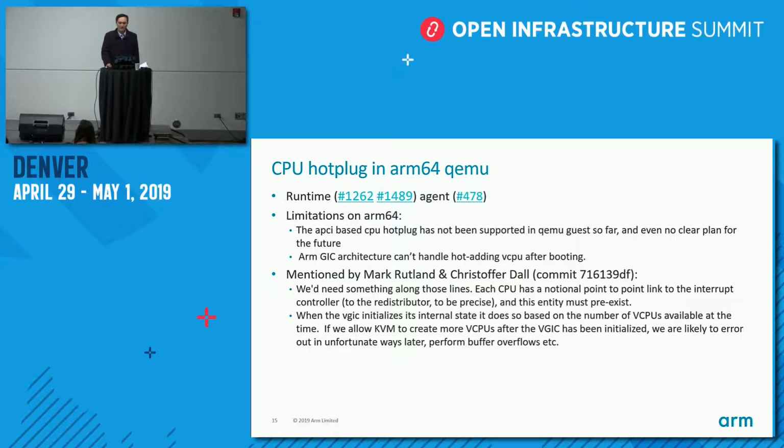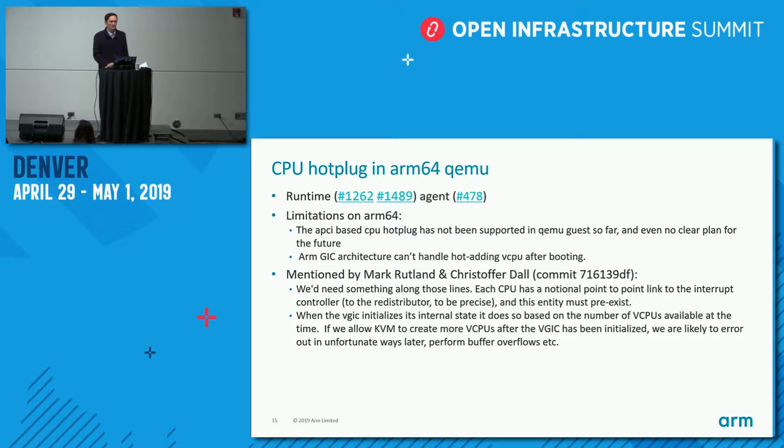The second one is the ARM GIC architecture. GIC means generic interrupt controller. GIC architecture cannot handle hot adding vCPUs after booting. The data structures for the vGIC need to be physically and contiguously allocated, which means we need to define the maximum number of vCPUs in advance.